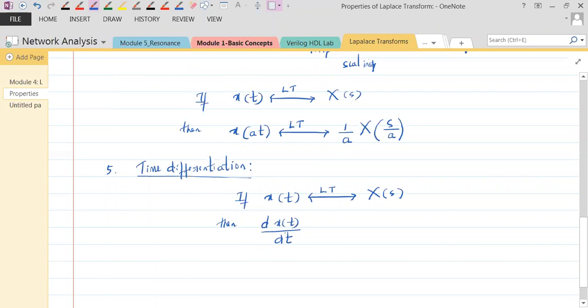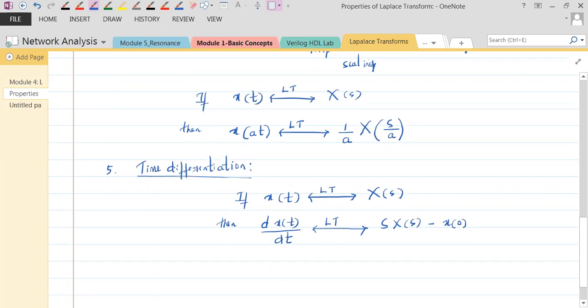This is the time differentiation of the time domain signal with respect to t. How should this look is the question being asked. So the Laplace transform of the time differentiated signal would be s into x of s minus x of 0.